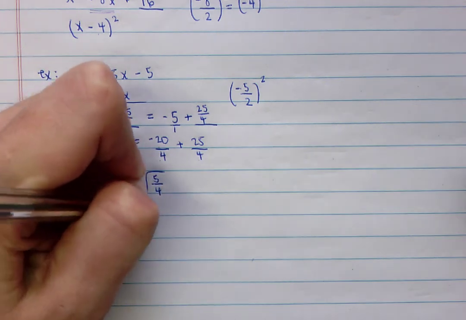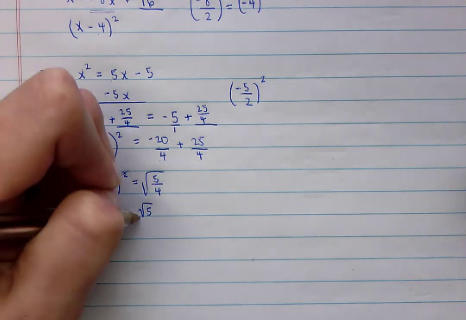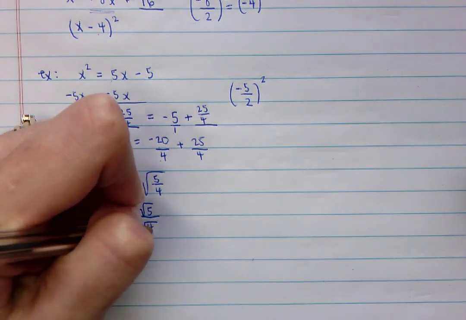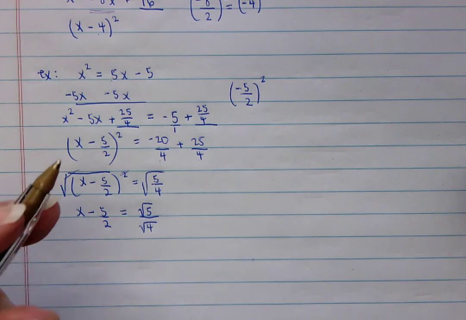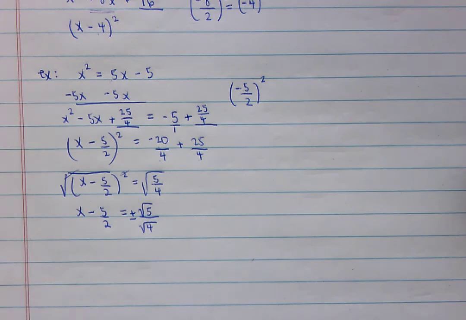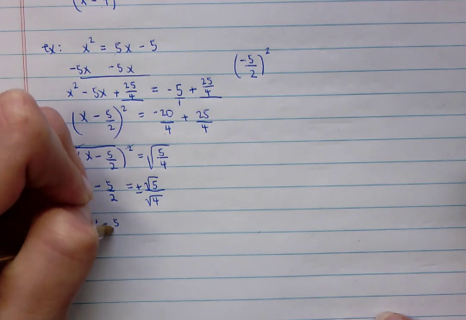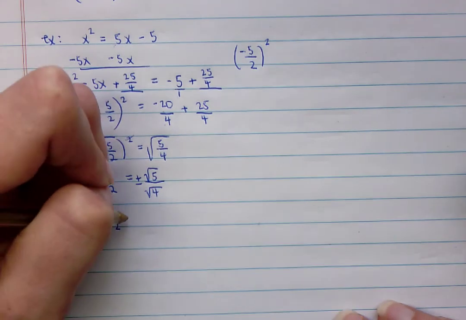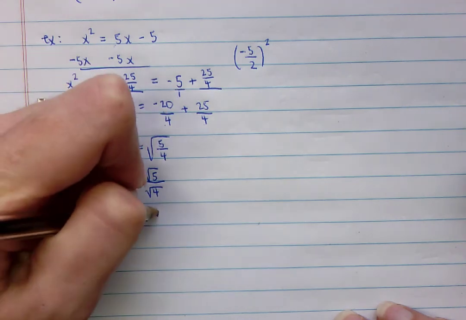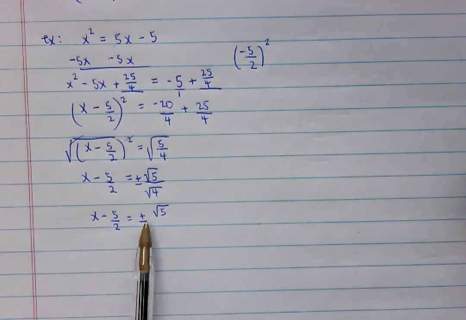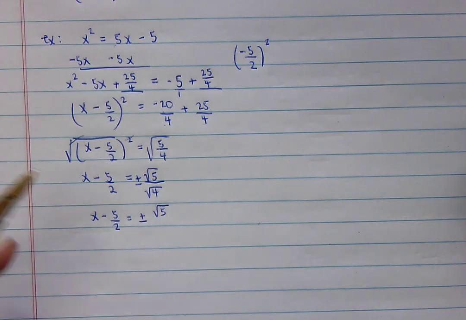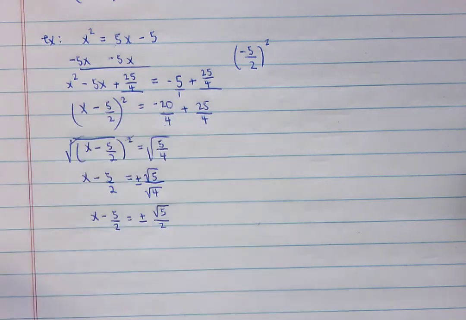I'm going to have to just leave it as the square root of 5, but I can take the square root of 4, right? And remember, we're going to have plus and minus here. So we're going to have x minus 5/2 equal to plus or minus, and again, you're going to have to leave the 5 under the square root, but the square root of 4 is 2.